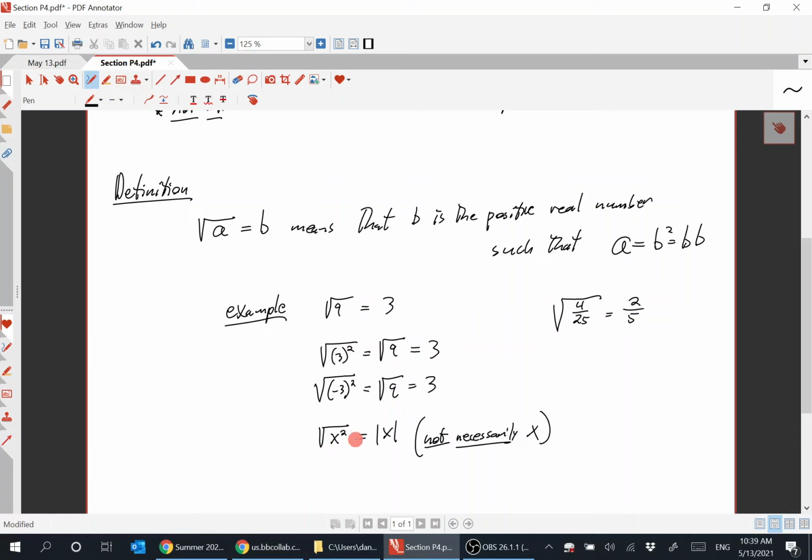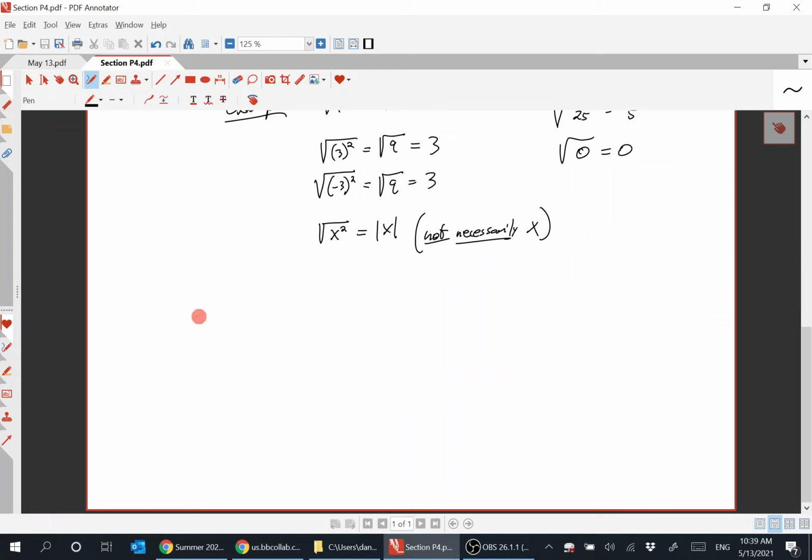The square root of x squared is the absolute value of x in order to keep it positive. This will be important later on, so that's something to remember. Other examples: the square root of 4 over 25 is 2/5. The square root of 0 is just 0, and so on and so forth.